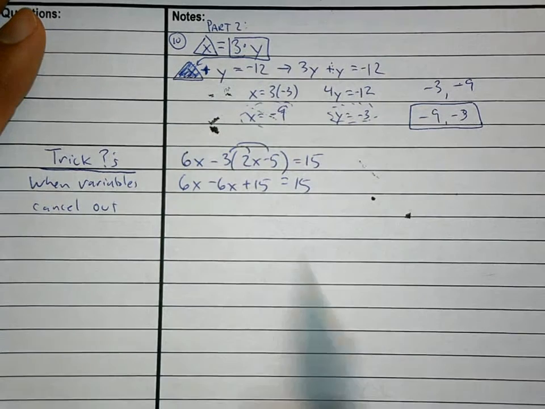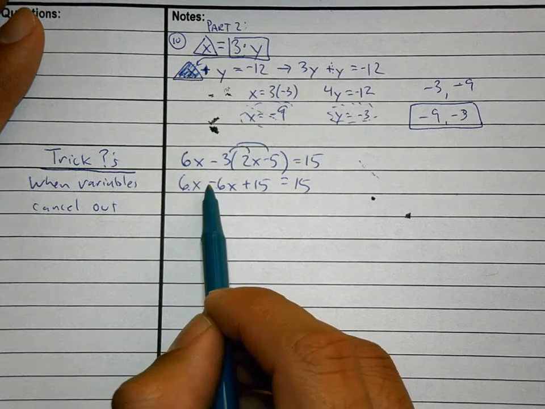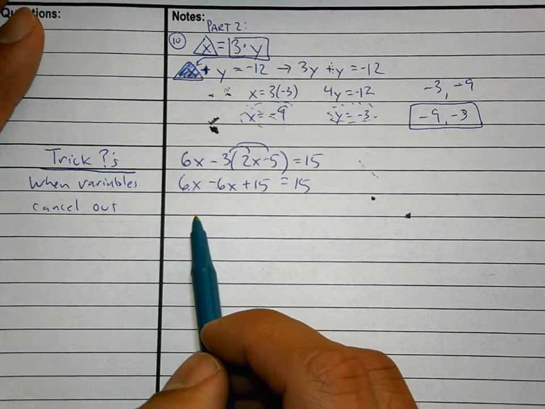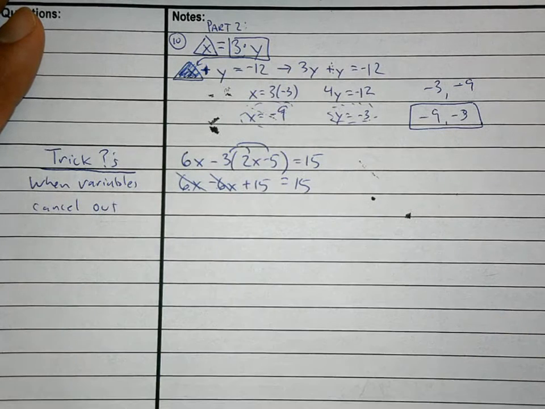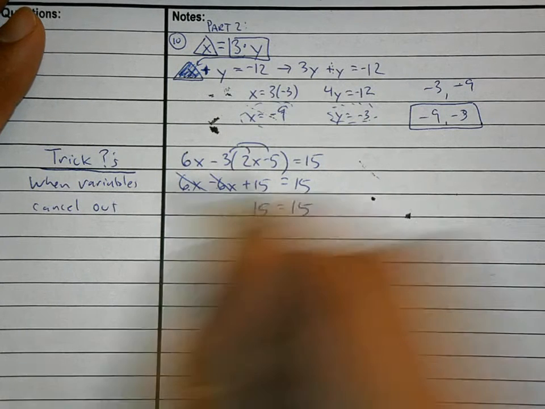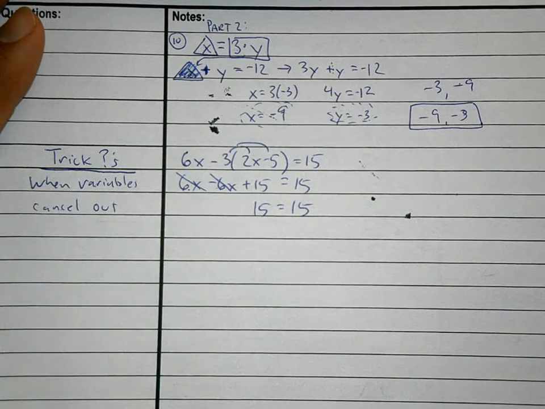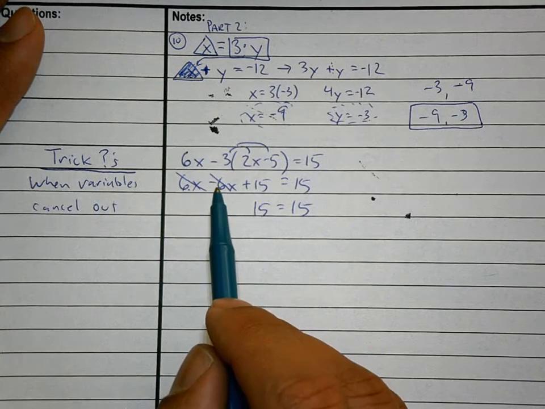If you get 6x minus 6x, 6x take away 6x, how many x's is that? 0. 0 x's. They go away. If you ever get variables that cancel out, it's a trick question. It means something different. You can't figure out what x is going to be.